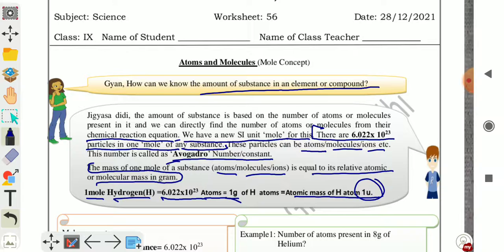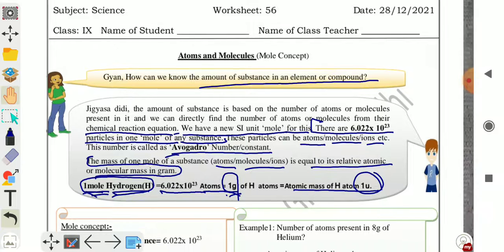So gram atomic mass of hydrogen is 1 gram, and this is called 1 mole of hydrogen. So 1 mole is equal to gram molecular mass or gram atomic mass of a substance.